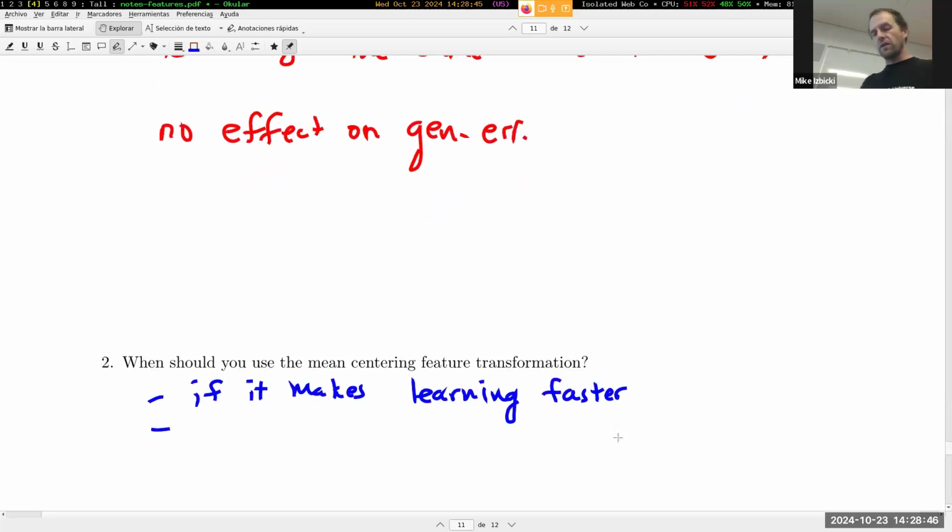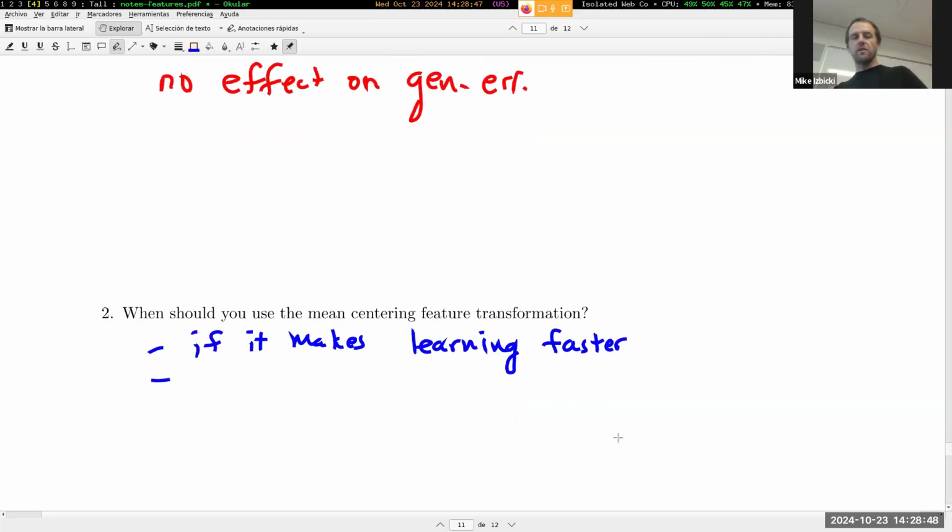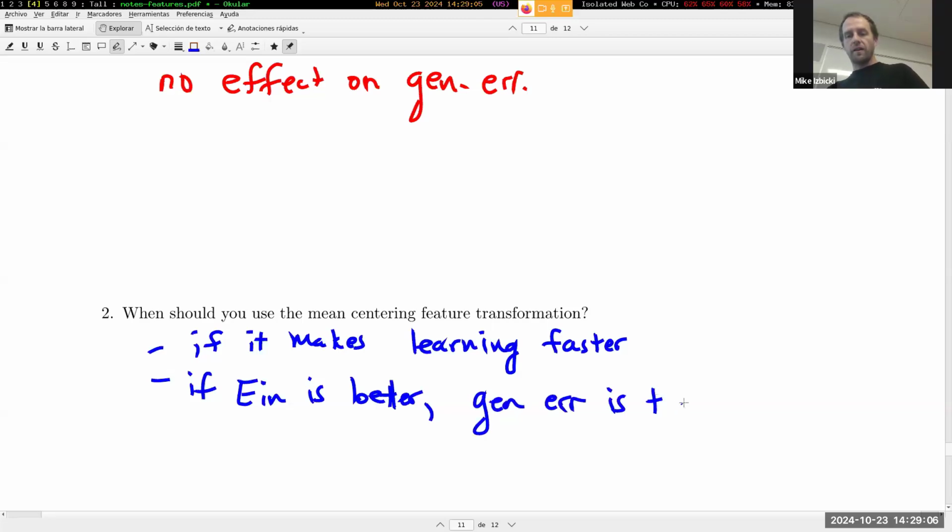If it makes the learning faster, like if you're using the PLA, then it makes sense to use it. Or you can just try it and see if the in-sample error is better. If E in is better after doing it, which it often is, then you know that the generalization error is going to be the same. So if E in is better and generalization error is the same, that implies that E out will also be better.